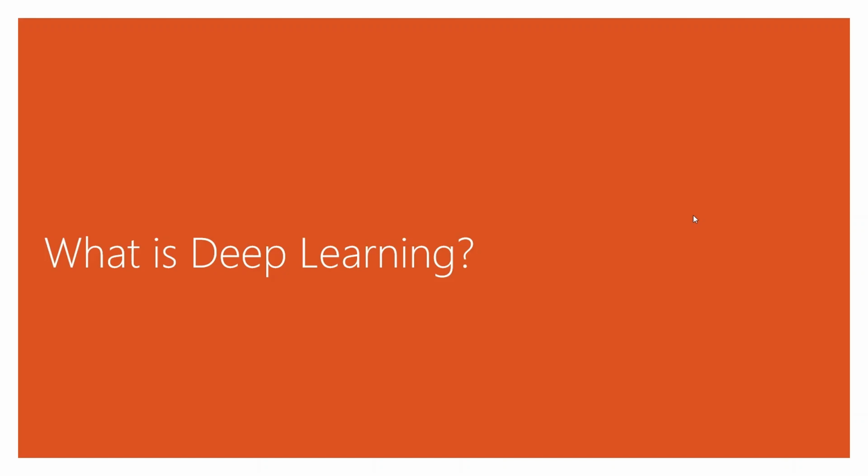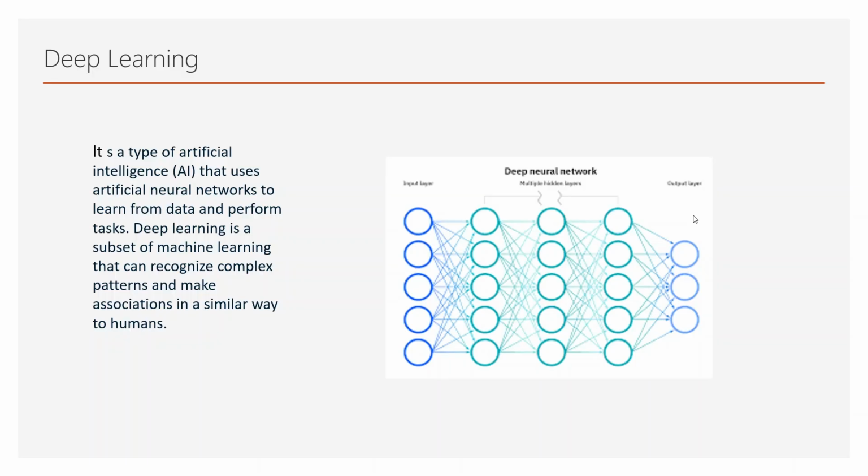Now, when we talk about machine learning, we go further. There is something called deep learning. What is deep learning? Deep learning is a subset of machine learning. Now if you look at this picture, what do you feel? It looks like some neural networks. Yes. So, deep learning uses artificial neural networks.